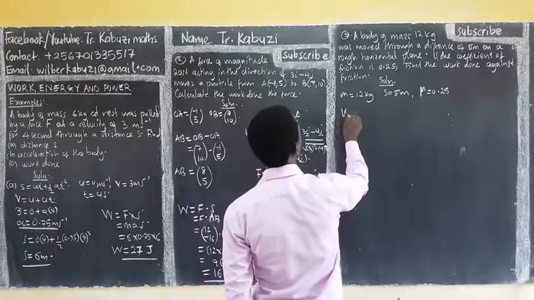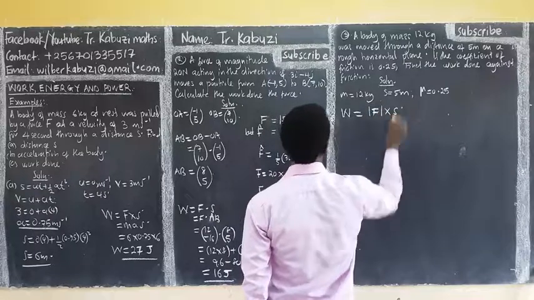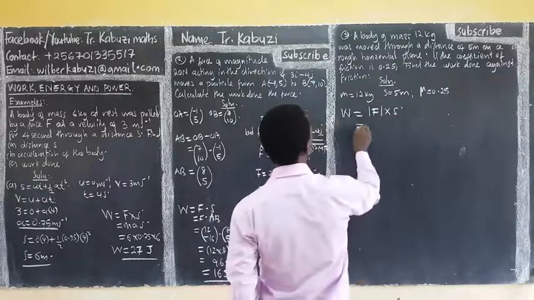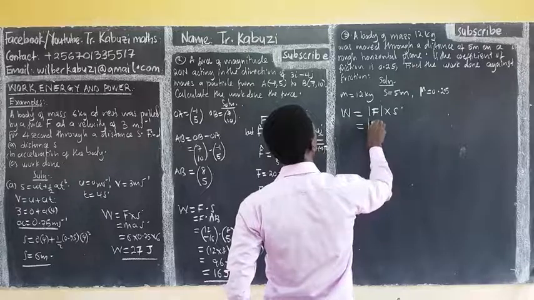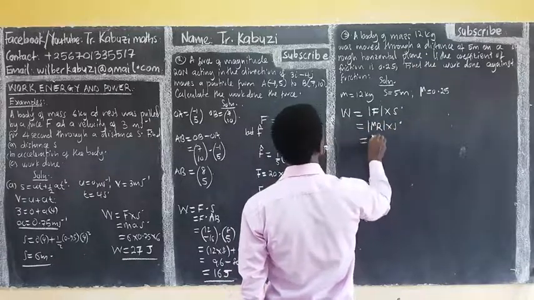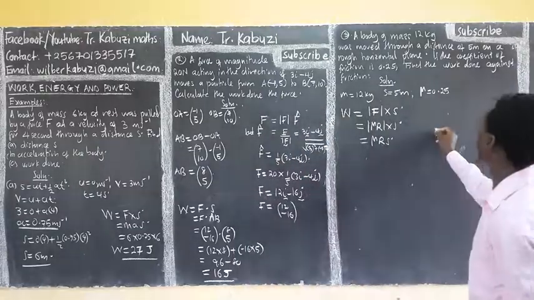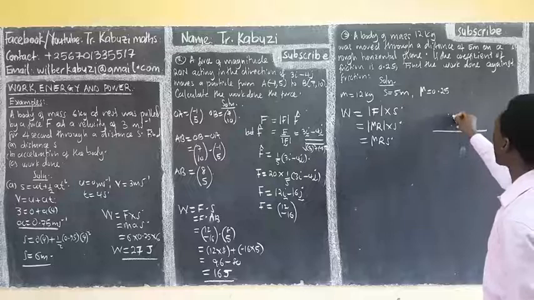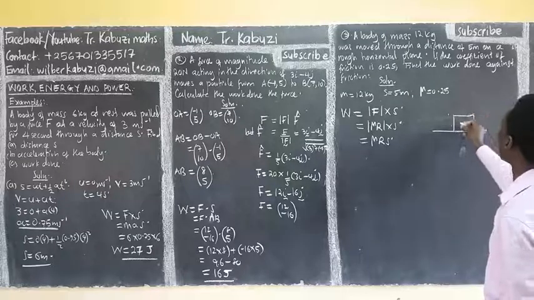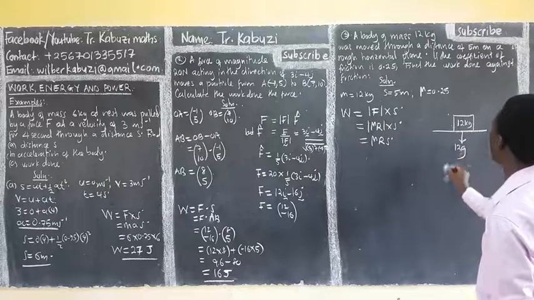So our work done is going to be the magnitude of the frictional force, then times the distance. But now our frictional force is going to be mu R. In simple terms, we need mu R s. We need this R. How are we going to get the R? The body is 12 kilograms, meaning it has a weight acting on it, which is 12g.